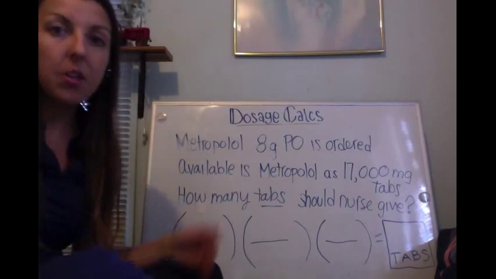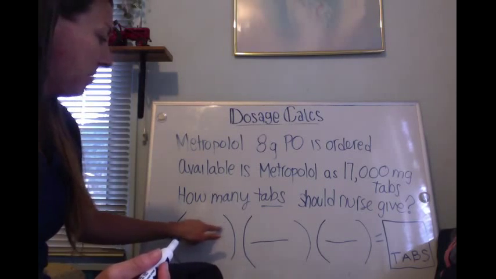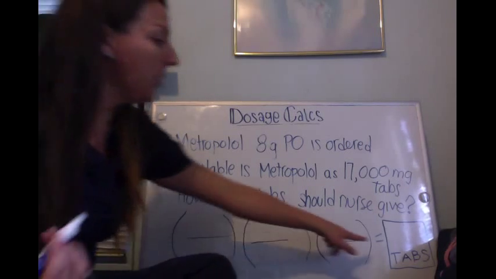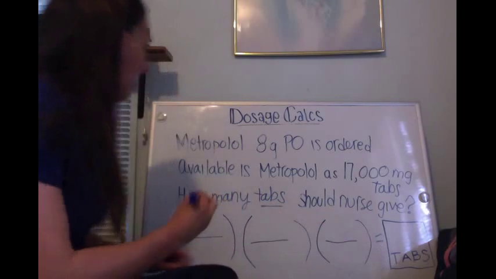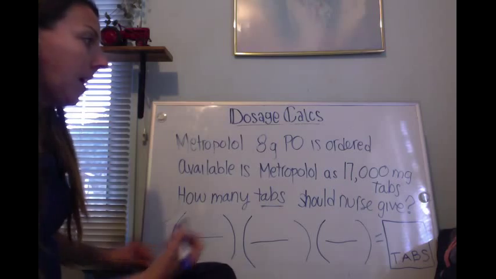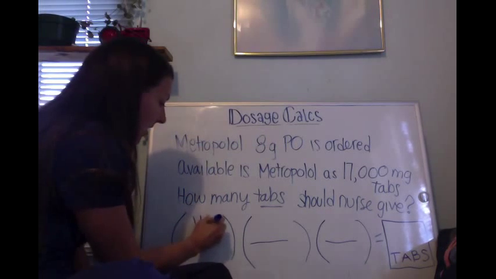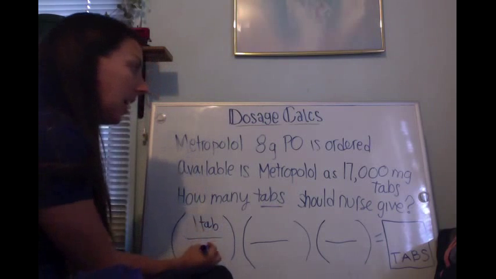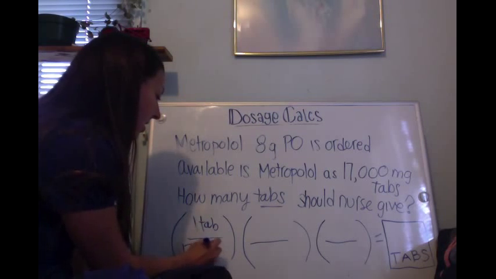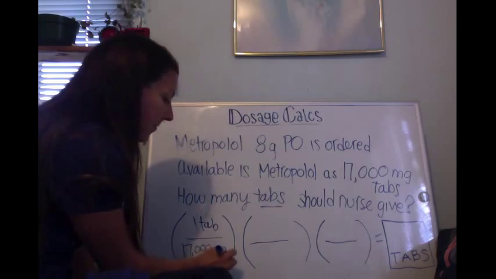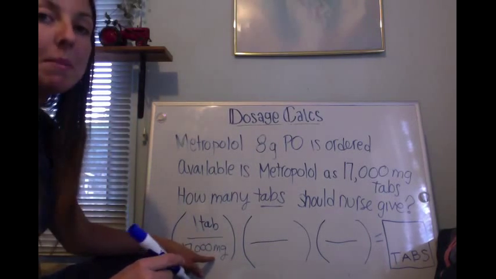So I always start with what we have, thinking about the unit that I want being on top here. So I know at the end I want tablets or tabs. Okay, so if I know that one tablet is 17,000 milligrams, I know the next thing that I want is to cancel out my milligrams.